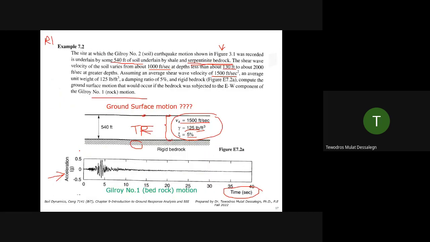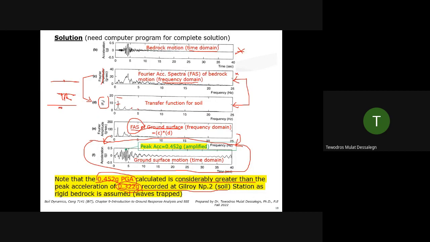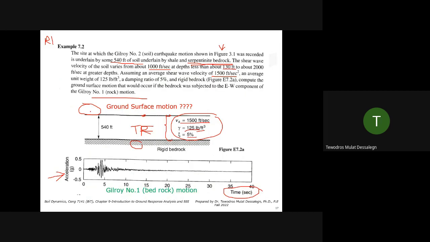So what we did is the Gloria number 1 earthquake, recorded at the bedrock, this is the one. We use the transfer function we just derived, and we get the output at the ground surface. That ground surface value is around 0.452 G PGA. And this is much larger than what was recorded at the ground surface during the earthquake.